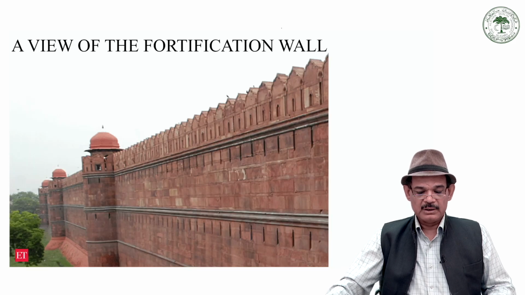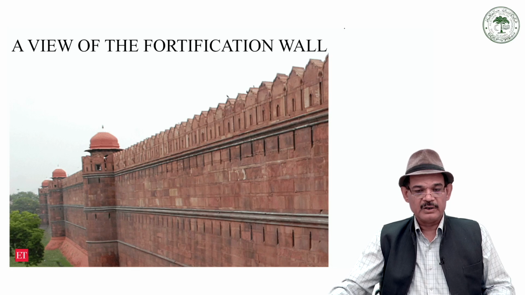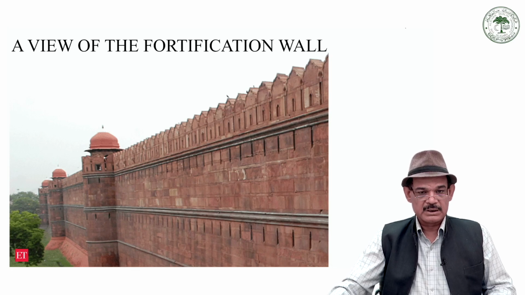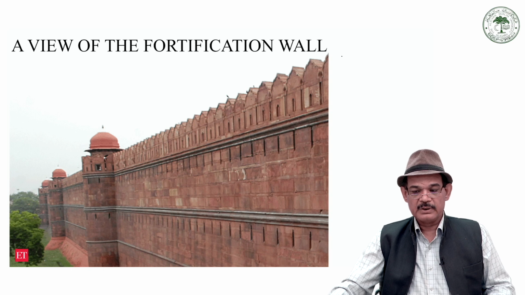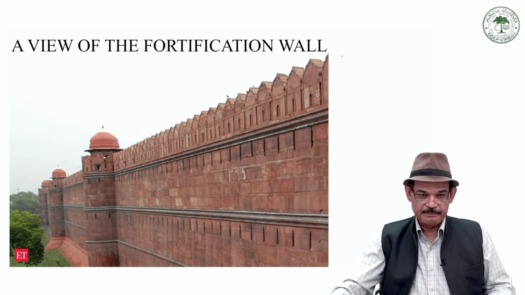This rampart wall is very important. It is built with red sandstone, and it has two gateways: one on the western side, the main gateway known as the Lahori gateway, and another on the southern side, known as the Delhi gate.